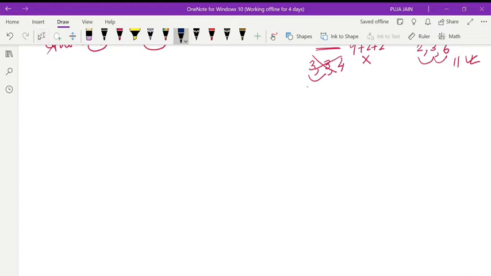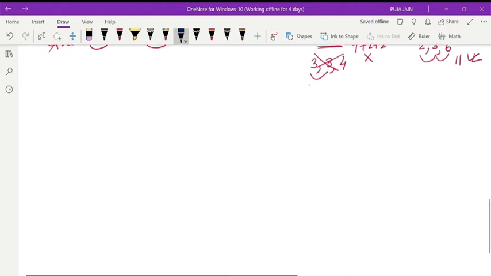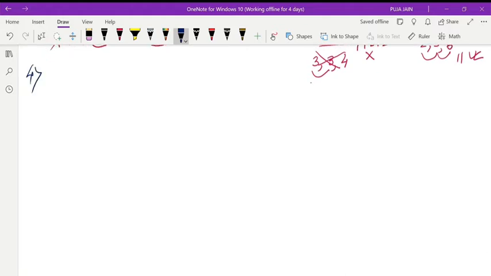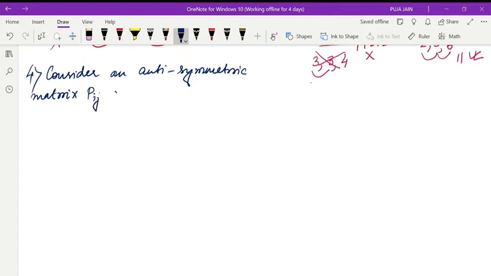Second sum we will do. What does it say? The question is, let us consider an antisymmetric matrix Pij where i and j run from 1 to 5.